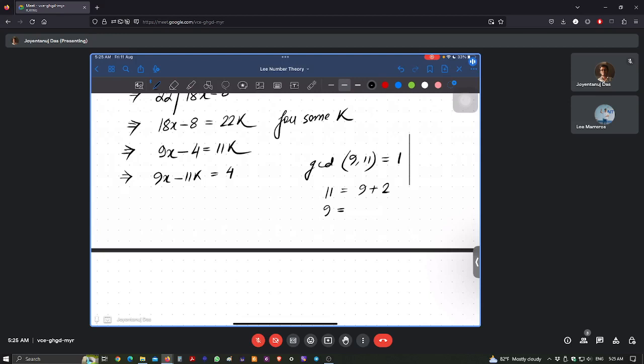So since the GCD is 1, we can apply the Euclidean algorithm. So 11 equals 9 plus 2. Then 9 equals 4 times 2 plus 1. The GCD of 9 and 11 is 1, so using the Euclidean algorithm I want to find some 9u plus 11v equals 1.